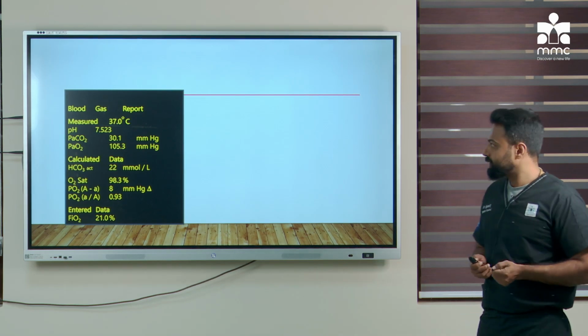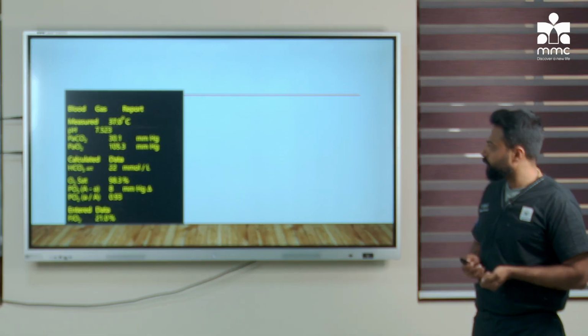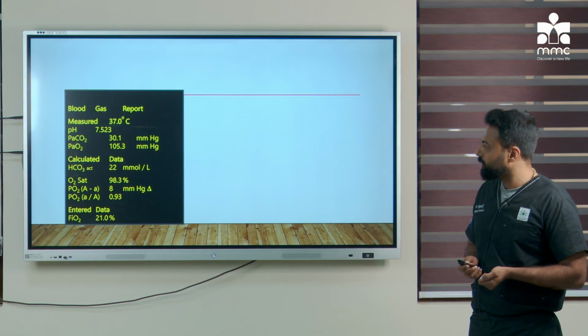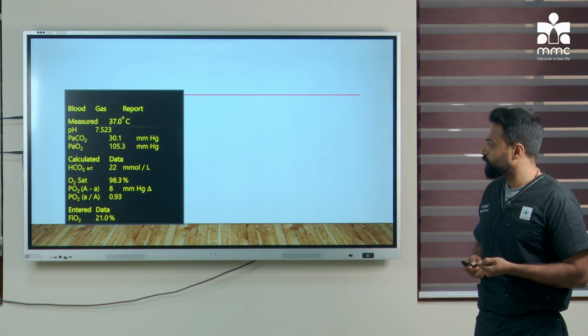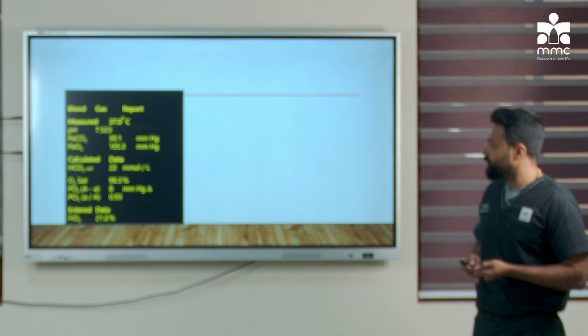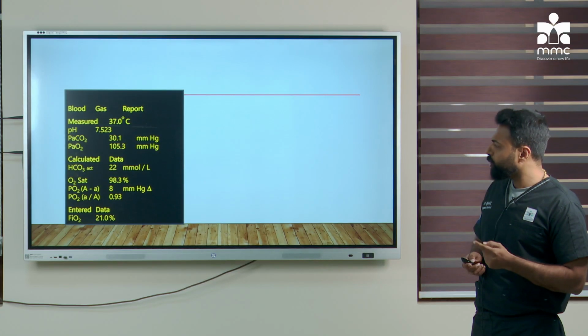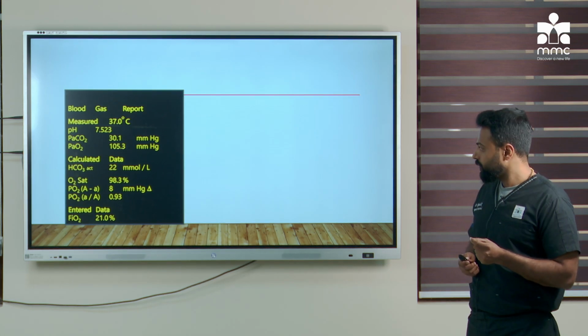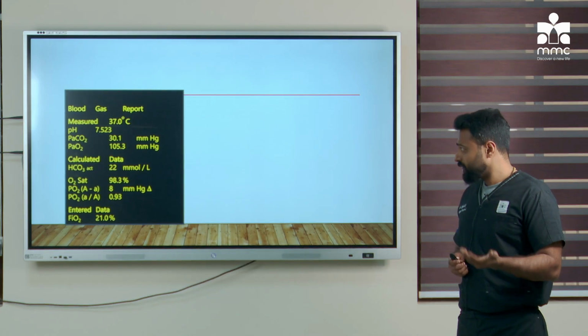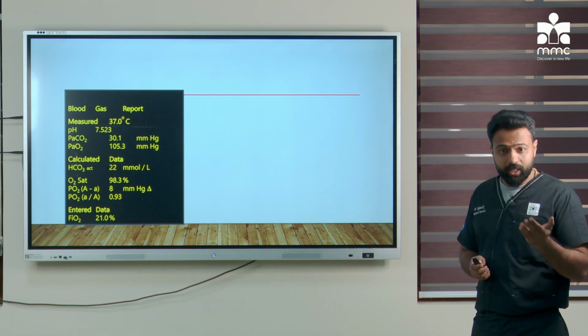So an example ABG: pH of 7.5, PCO2 30, PO2 105, bicarbonate 22, saturation of 98, and the PO2 A minus a. What is that? It is the alveolar arterial gradient.